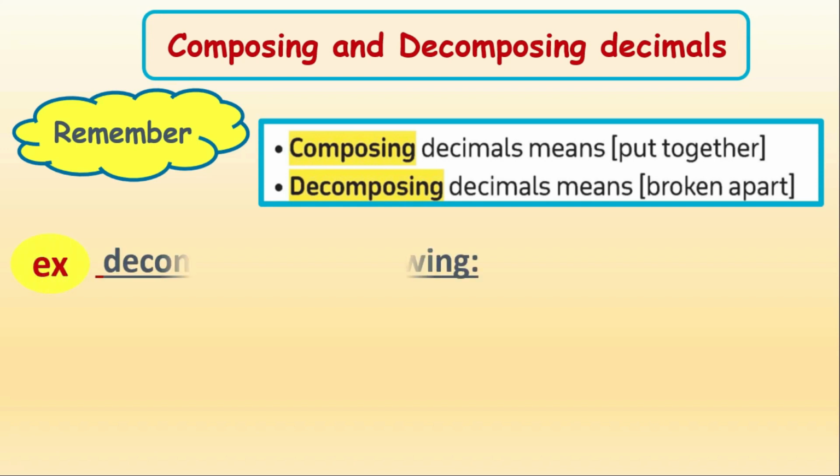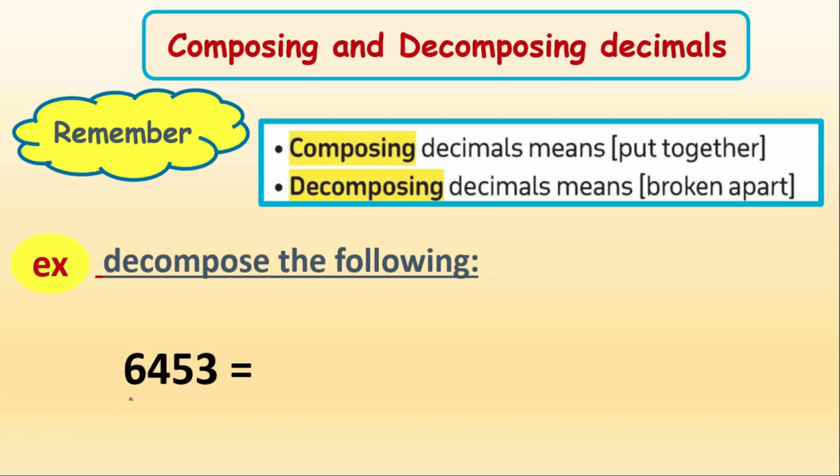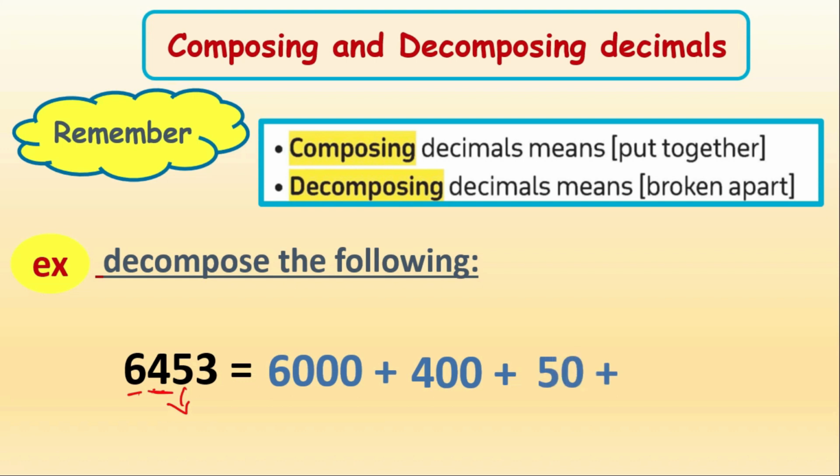For example, decompose the following number: 6453. Decompose يعني write each digit with its value. 6000, write 6000, and then 4 in hundreds, it will be 400, and 5 in tens, it will be 50, and 3. تمام.